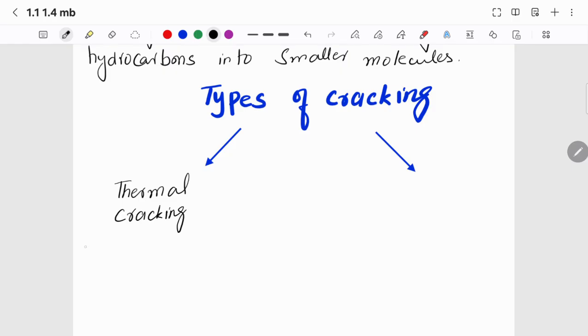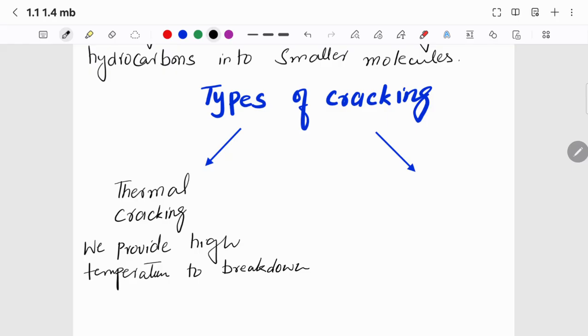In this type of cracking, we provide high temperature to break down larger hydrocarbons into smaller molecules.